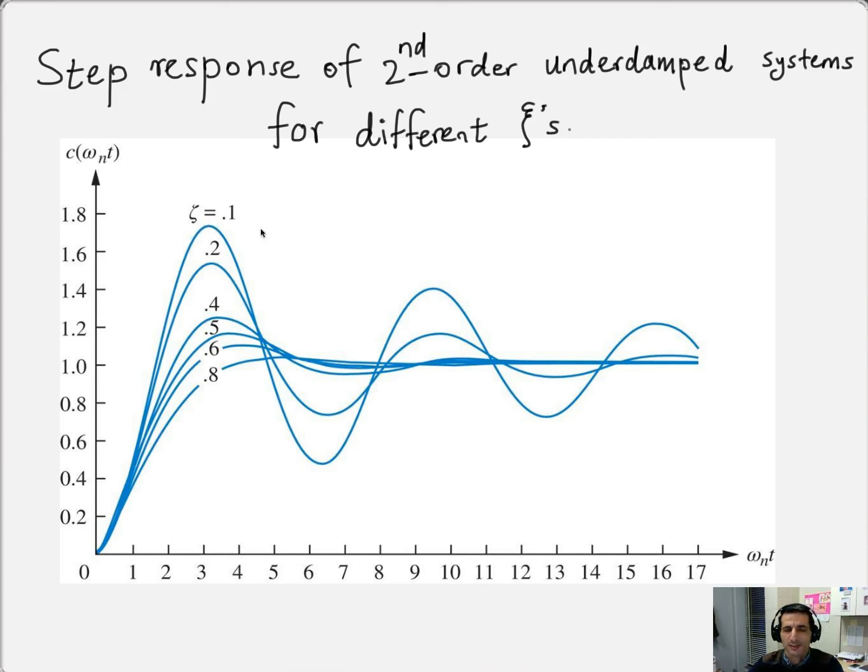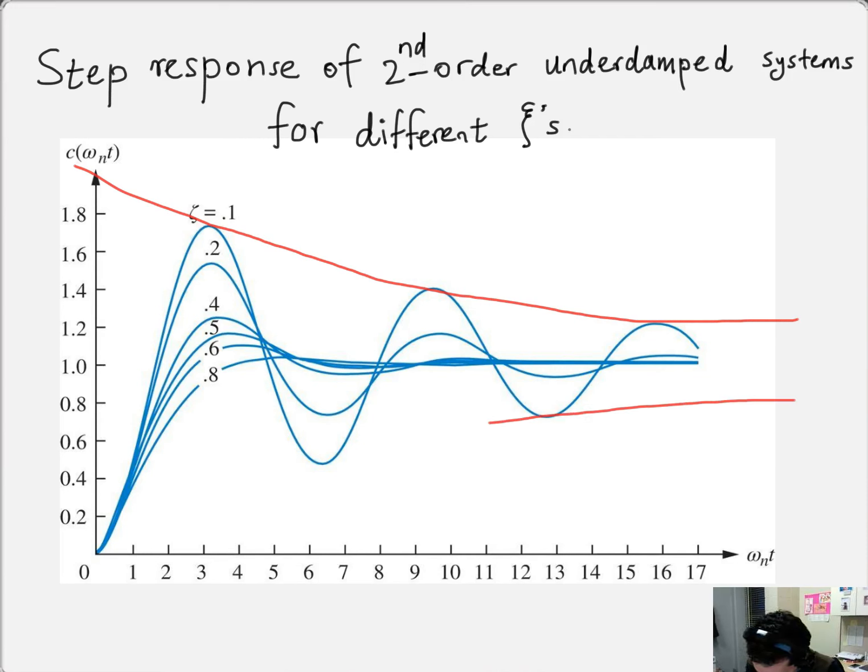So now really what you see here is just the envelope of the response. So this is actually going to be your response envelope. That's your envelope associated with zeta equal to 0.1.